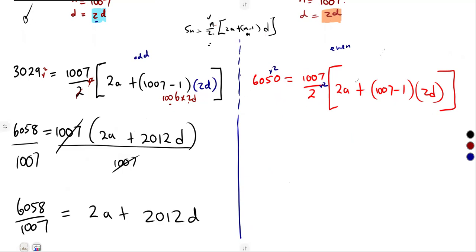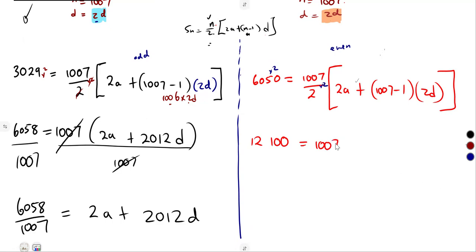So 6050 times 2 gives us 12,100. 12,100 is equal to 1007 into this bracket.